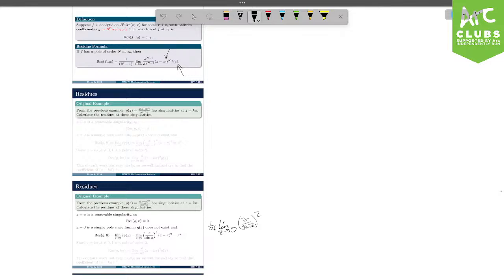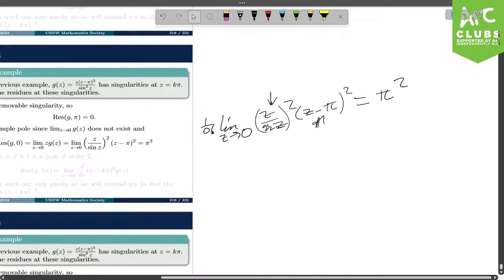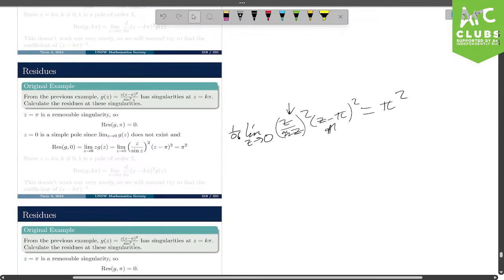So this is our pole section, and then kind of a useless bit of (z minus pi) all squared. Okay, but when we substitute in 0, the limit of z over sine z as z goes to 0 is 1, and so we're just left with what's on the right hand side, which will give us pi squared. Okay, so we get a residue of pi squared. Fantastic.